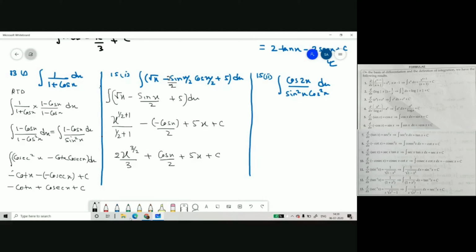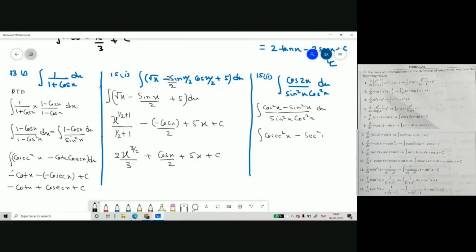Now look at 15 part 2. Integration of cos 2x by sine square x cos square x dx. Can we write this as, we know cos 2 theta is cos square x minus sine square x, isn't it, by sine square x cos square x dx, which when we solve, cos square x by the denominator will be 1 by sine square x, which means cosec square x, minus sine square x by the denominator, which means sine square x cancels out.